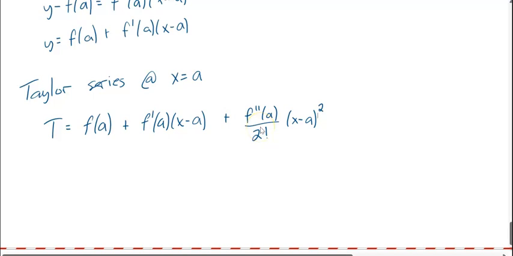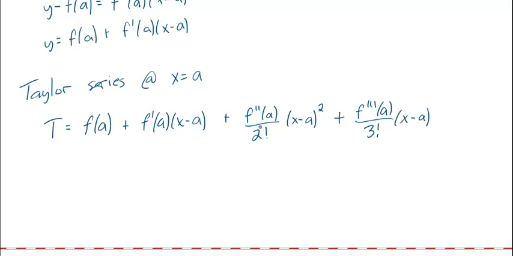And what this is going to do is match second derivatives for the Taylor series and some function. So plus f triple prime of a over something factorial. The double prime had a 2. What's the triple prime going to have? You're right, a 3 factorial. Times, we are going to get an x minus a, but instead of squared like we had for the double prime, we got a triple prime.